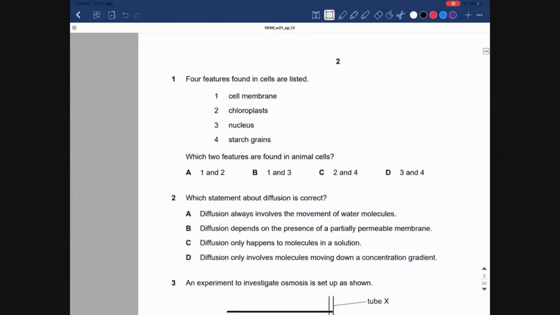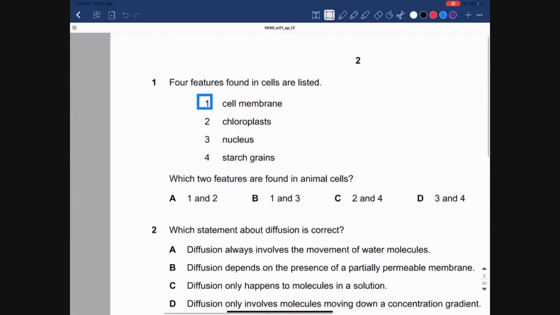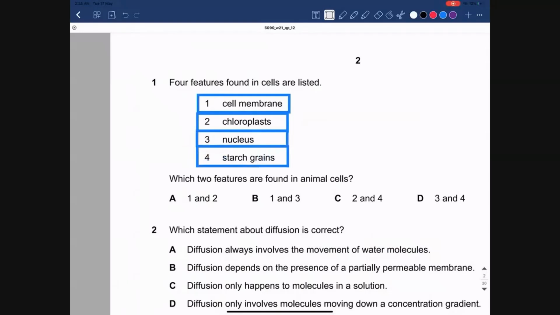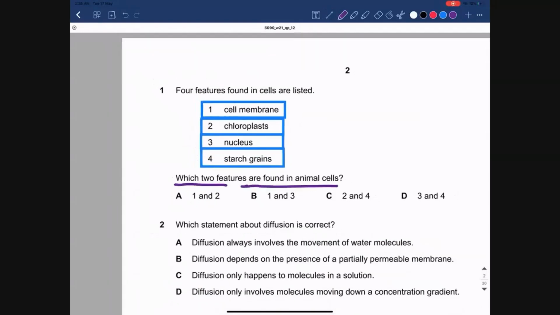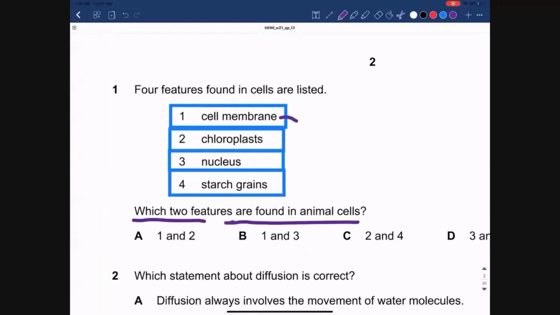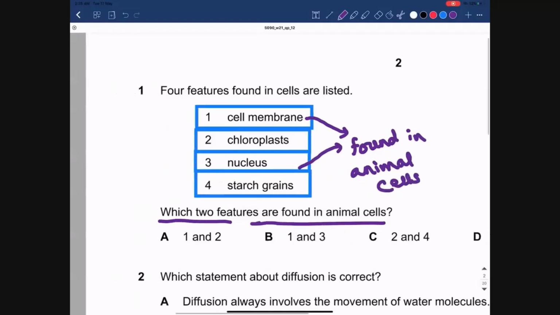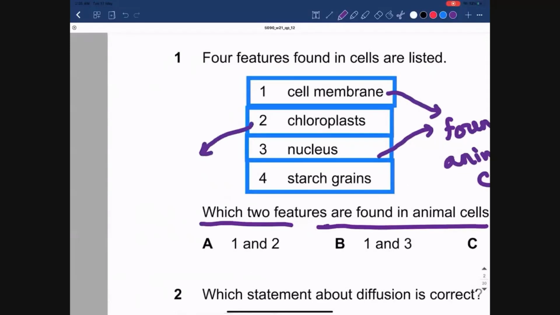4 features found in the animal cells are listed: cell membrane, chloroplasts, nucleus, and starch grains. Which 2 features are found in animal cells? So, as you all know, the cell membrane and nucleus, these both features are found in animal cells, and the other features which are listed, such as the chloroplasts and starch grains, are specific to the plant cells.